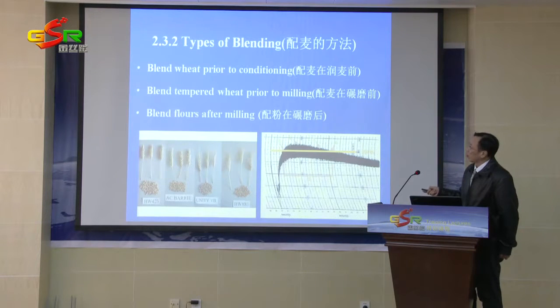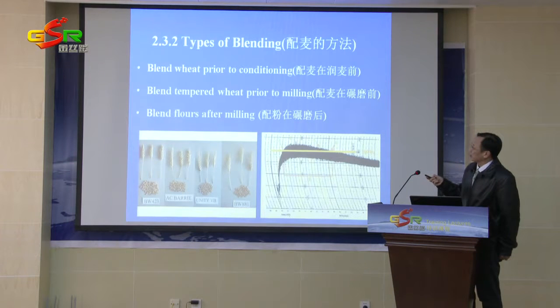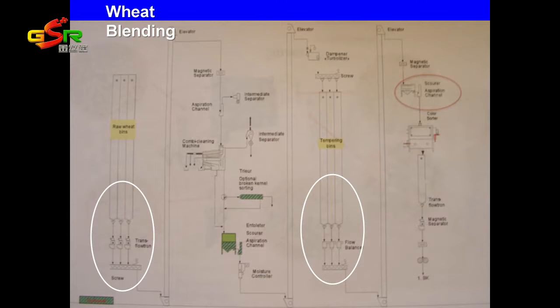So we should blend different wheats to get the ideal final product. This figure shows the blending process before the conditioning and after conditioning.